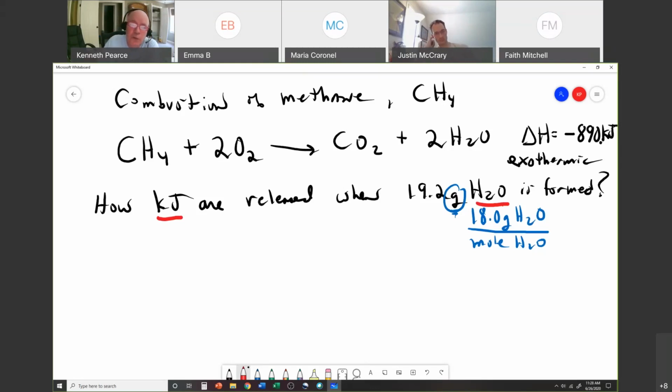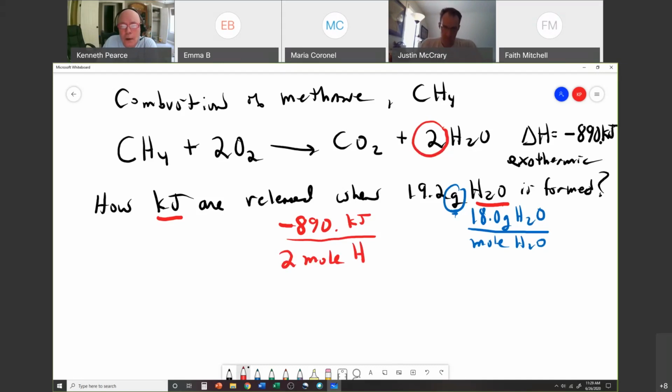Well, I know the kilojoules. We look up there and we see it's minus 890.4 for sig fig purposes, kilojoules. But kilojoules per water, and we look over here and I see 2 waters for every 2 moles H2O. Remember, this minus 890 is for everything.